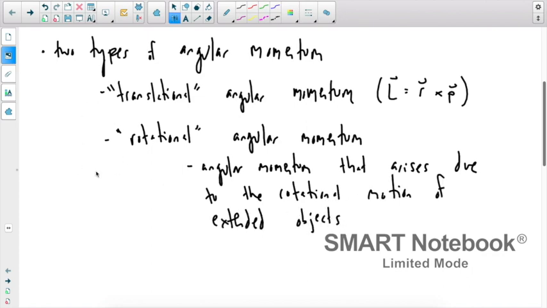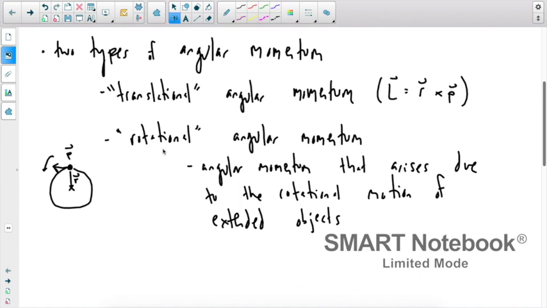Last time we talked about translational angular momentum, I used the example of a wheel that's rotating, and we said that this point on this wheel has a translational momentum, and we could draw an r vector there and define the translational angular momentum of that point on the wheel.